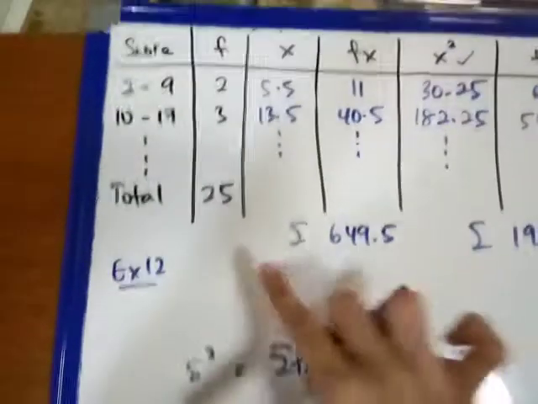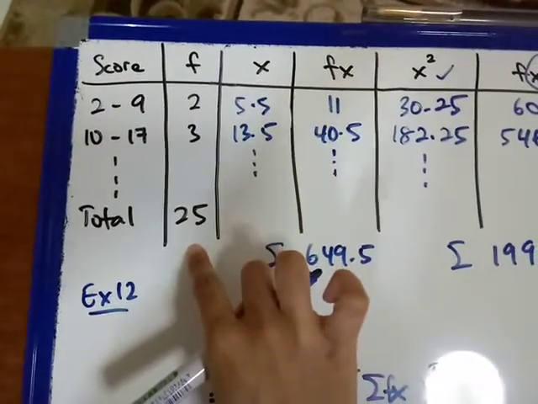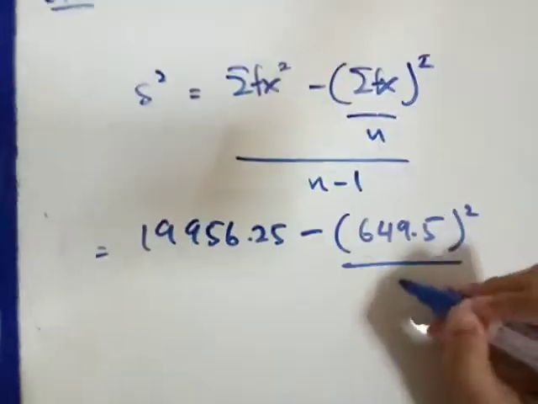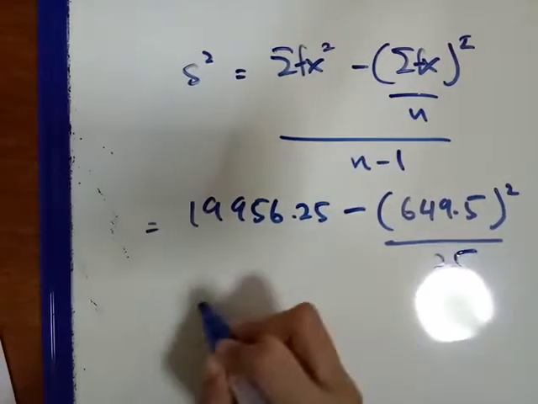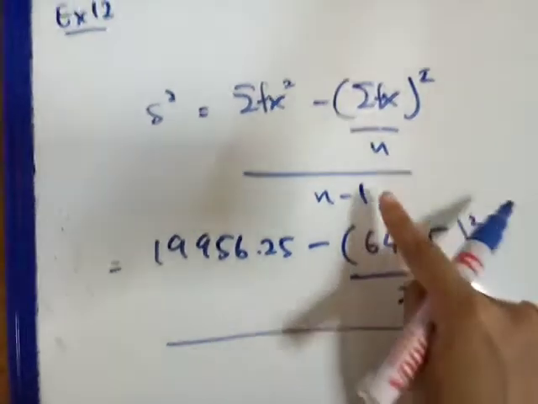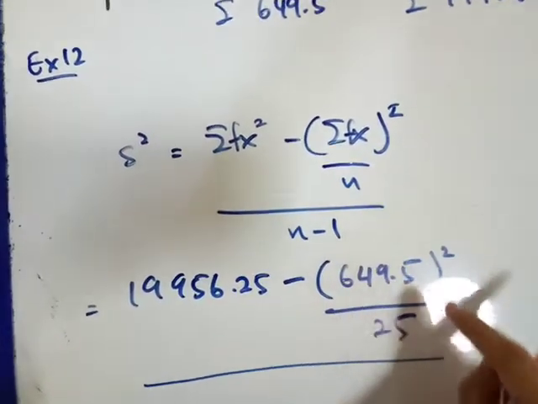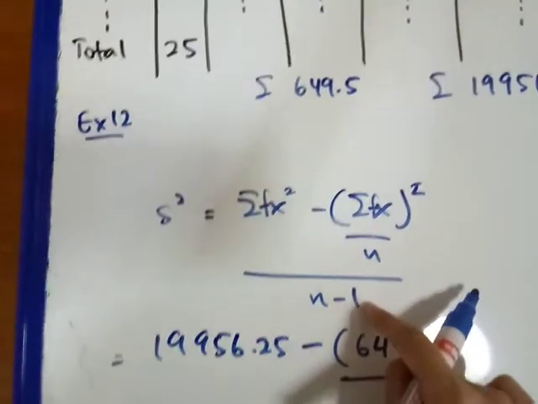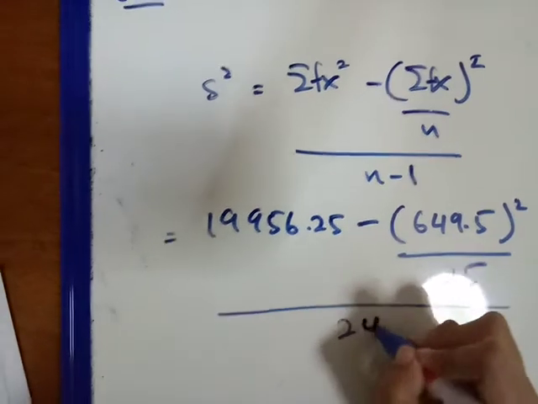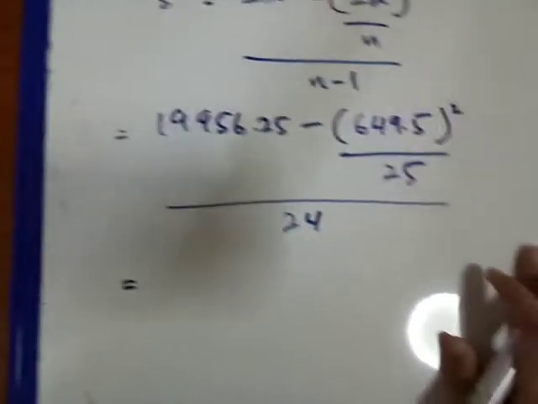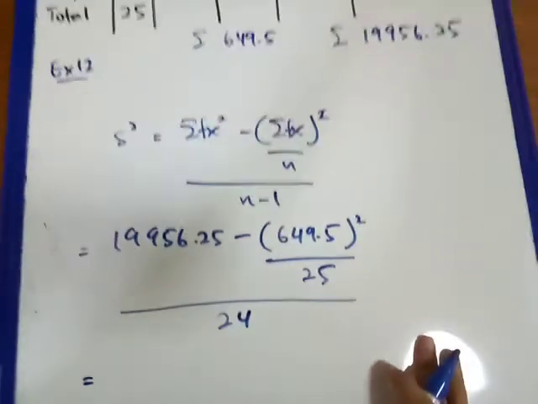What is n? n is the total frequency, which is 25, over n minus 1. We know that n is 25, minus 1, you get 24. Can you follow so far?